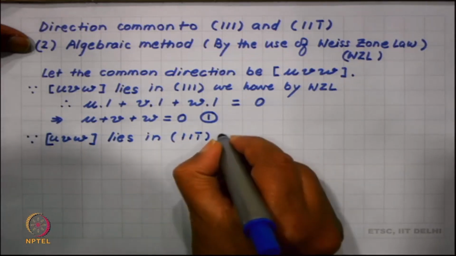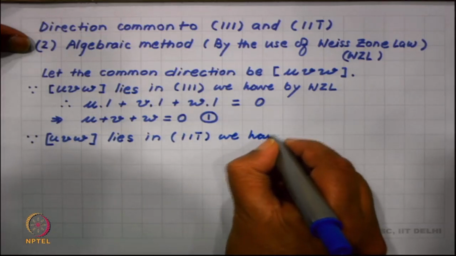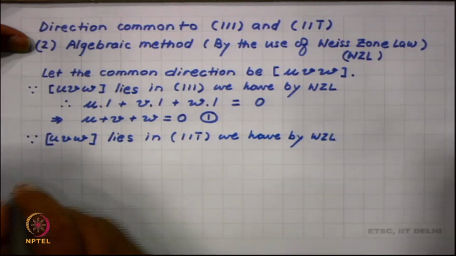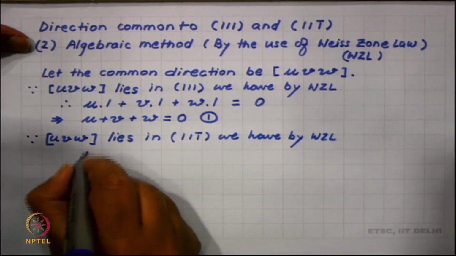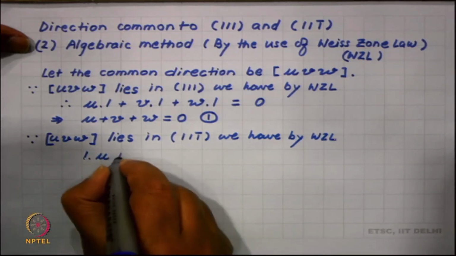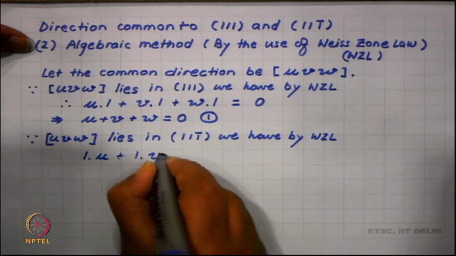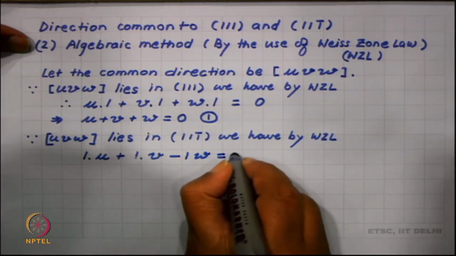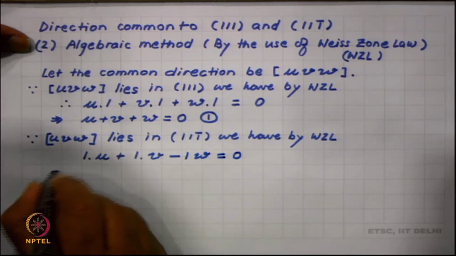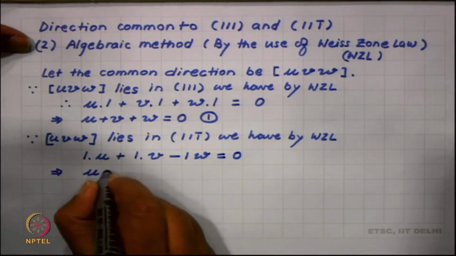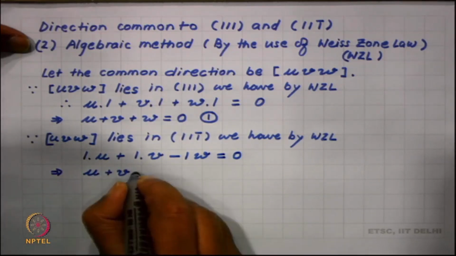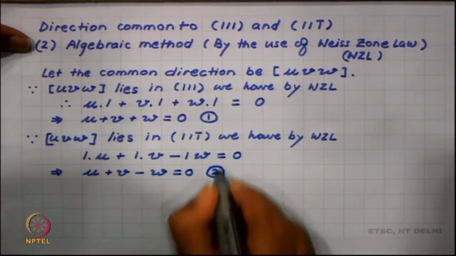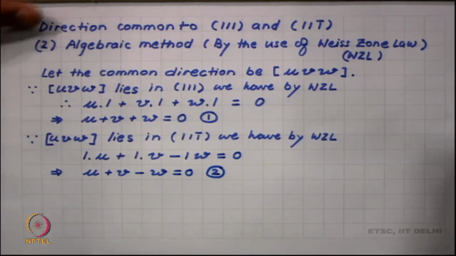Again applying Weiss Zone law, we have 1 times U plus 1 times V minus 1 times W is equal to 0, which means U plus V minus W is equal to 0. This is our second relation.